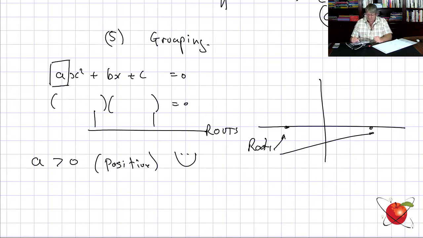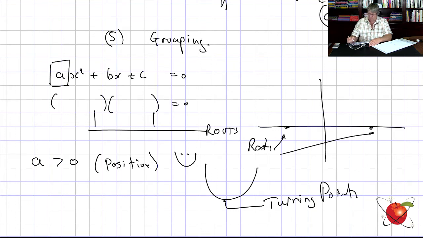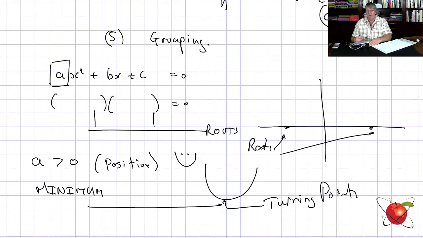Any quadratic that goes like that, this point here, remember, was called the turning point, okay? And this equation had a local minimum, because that was the minimum value that the y ever became.